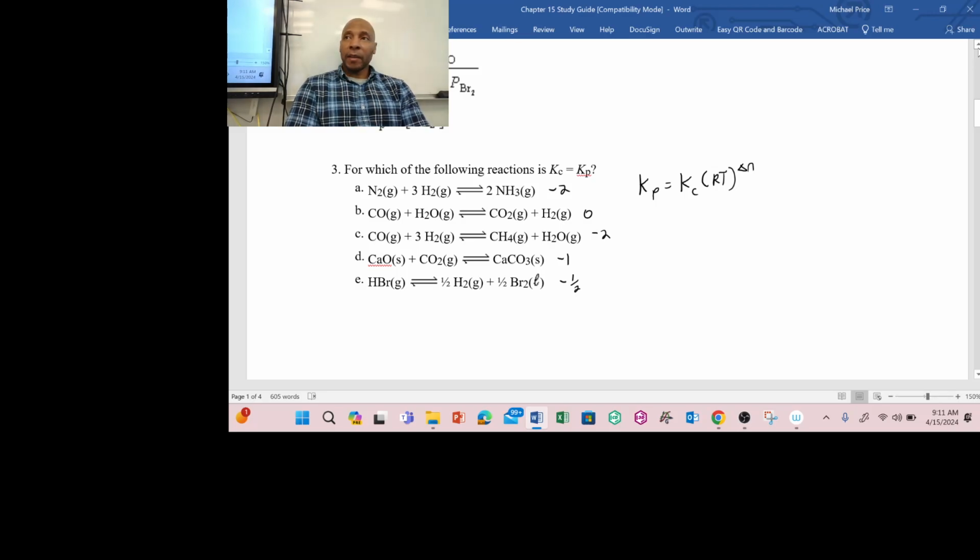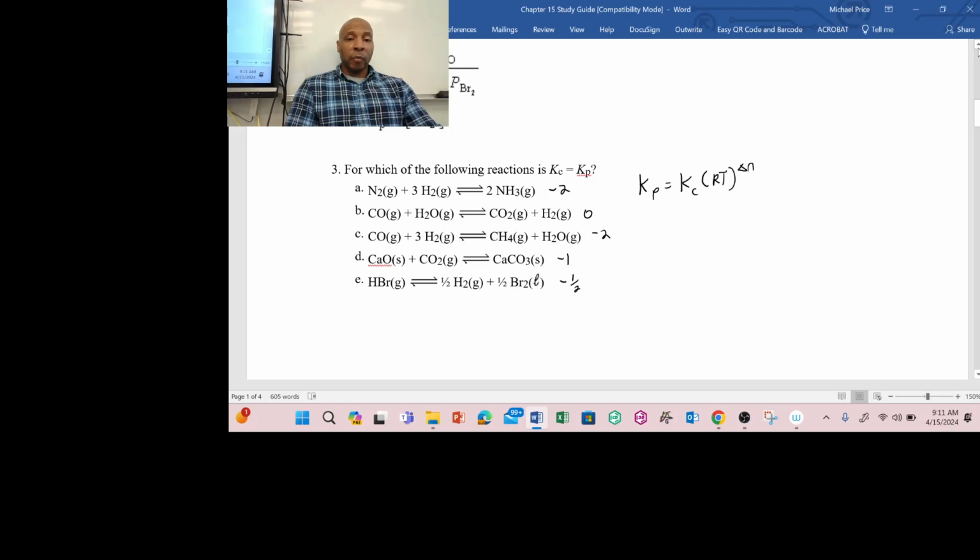Y'all with me? So if I give you a question like this on the exam, it's 3 points. All I got to do is take the number of product moles that are gases. See how NH3 is a gas, and the stoichiometric coefficient right there is 2.